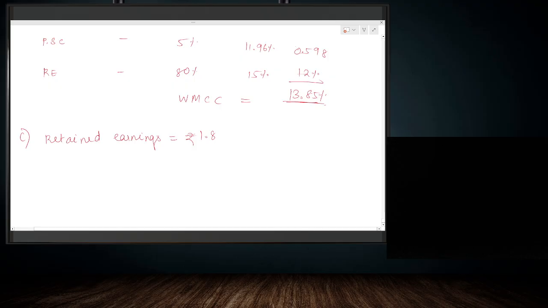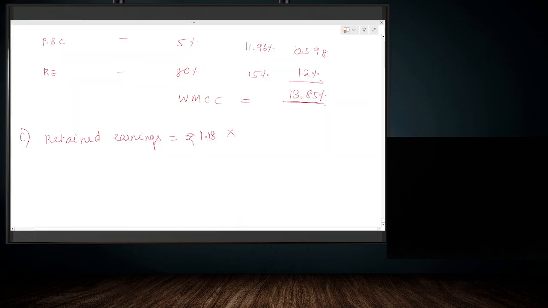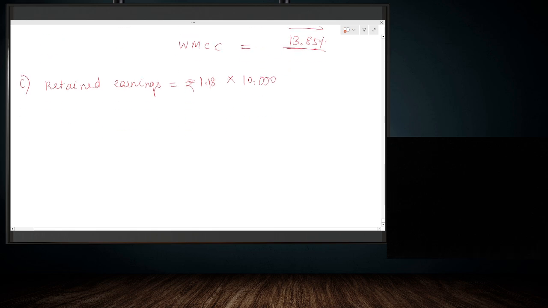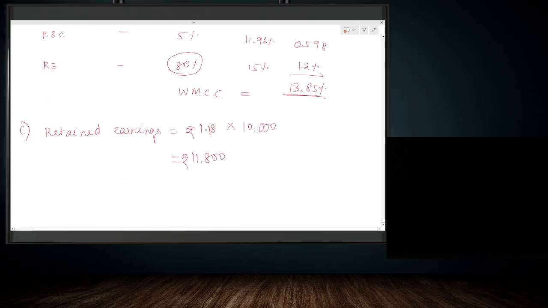Rupees 1.18 per share. But how many shares are outstanding for the company? 10,000 shares are outstanding. So 1.18 into 10,000. What is the retained earnings? 11,800.